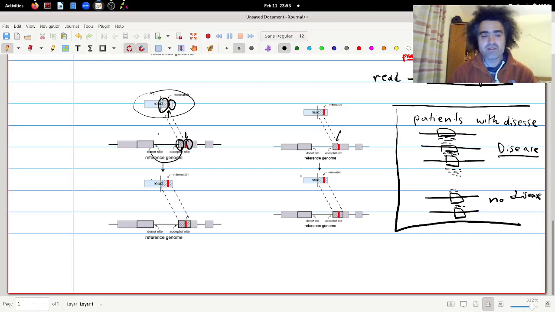So STAR is much faster than other aligners. It's about 50 times faster. It's very efficient.